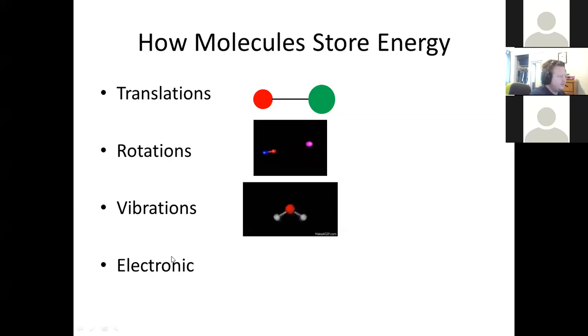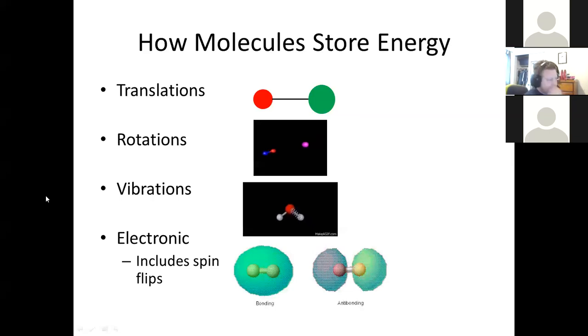And then, of course, we're chemists, so we don't just care about the nuclei, because these are all nuclear motions, right? We also care about what the electrons are doing, and we have energy that's stored through the electrons. Electron kinetic energy is usually not considered, even though it is a part of energy.